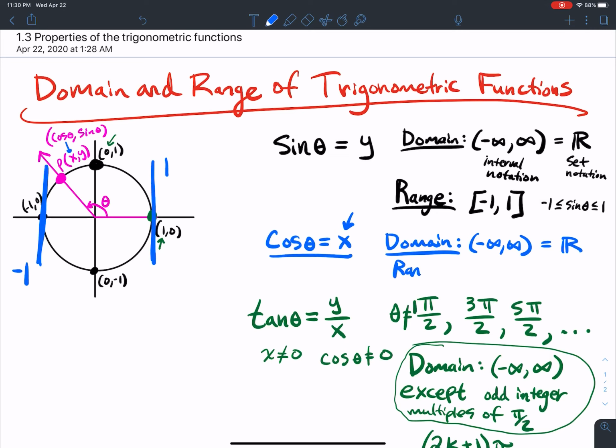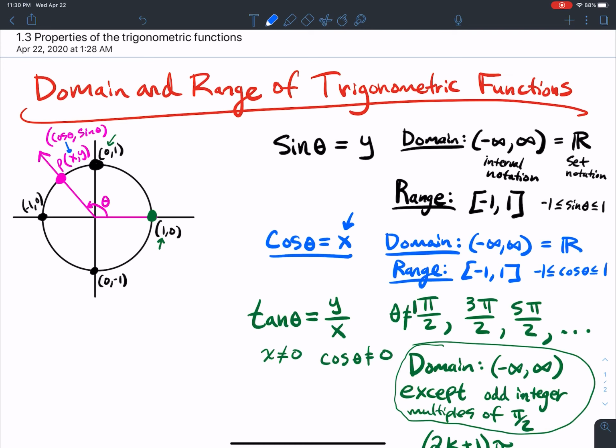The range goes between -1 and 1 inclusive. So I can actually obtain those values. I don't get infinitely close, I actually get to that point there. Okay, so let's see if I can remove this without getting rid of good stuff. All right, cool.